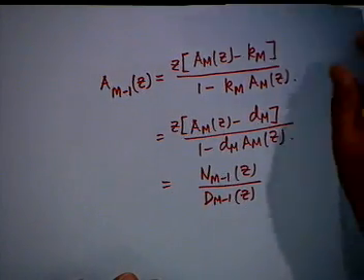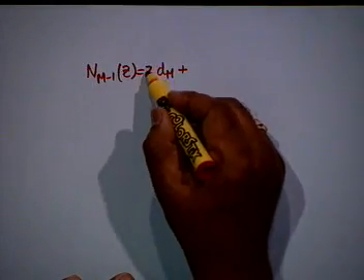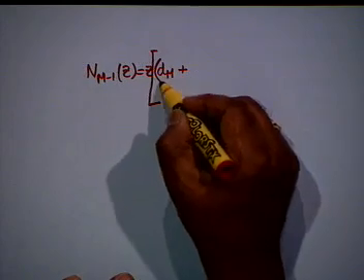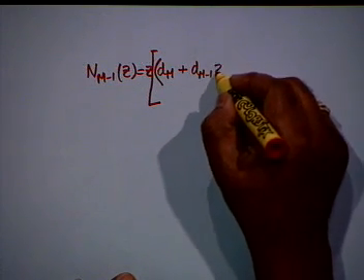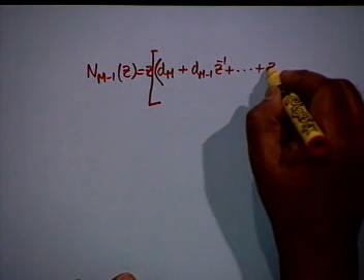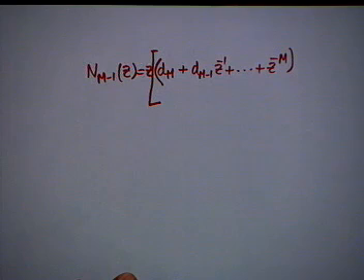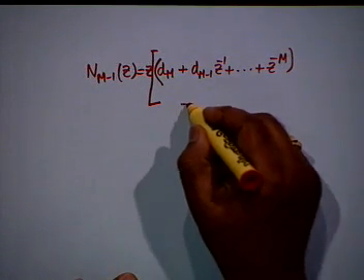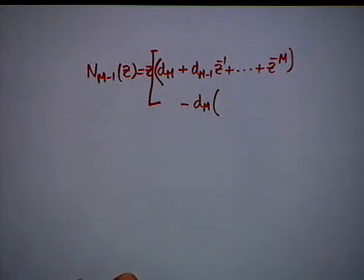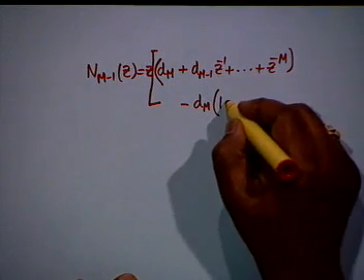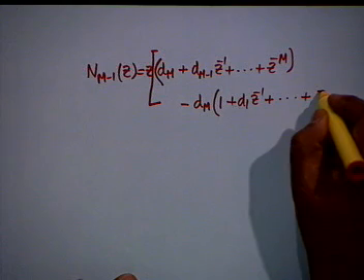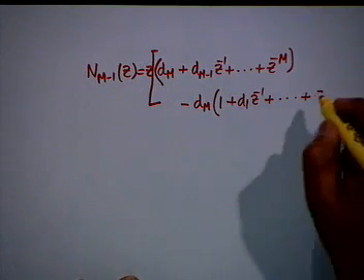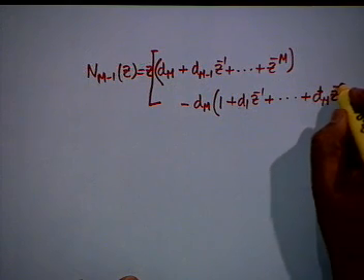Okay. Therefore, n m minus 1 shall be equal to z times the numerator of amz, dm plus dm minus 1 z inverse plus etc. plus z to the minus m, all right, minus dm multiplied by the denominator of am, which is 1 plus d1 z inverse plus etc. plus dm z to the minus m.